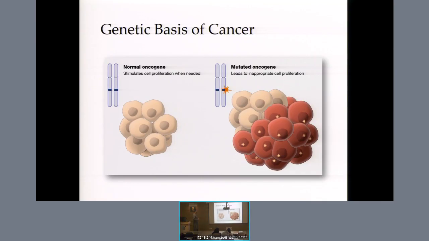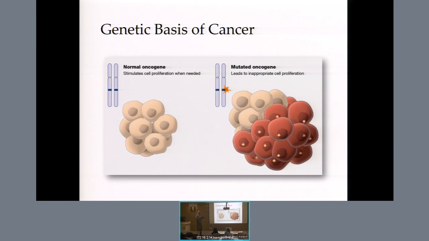So the definition of an oncogene is mentioned here. A gene that stimulates cell proliferation when needed, while their mutated versions lead to inappropriate cell proliferation.